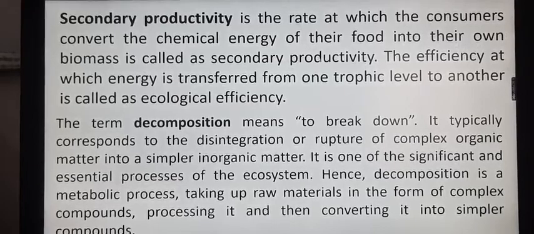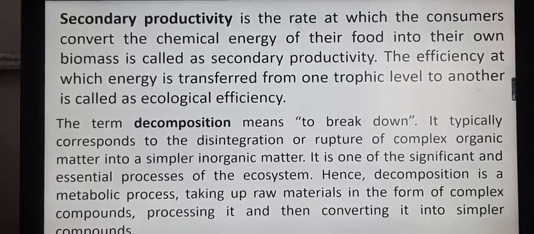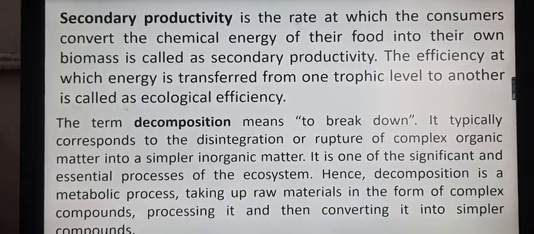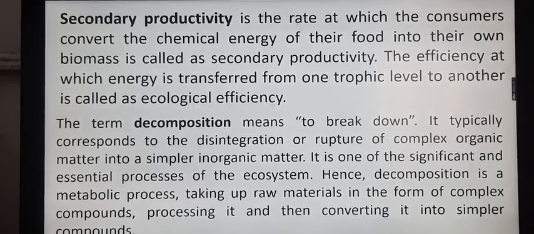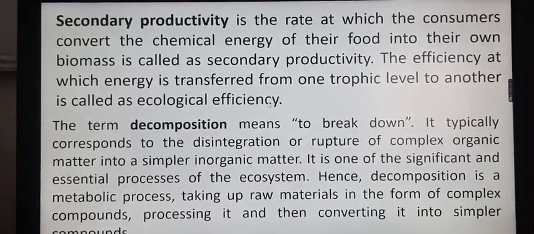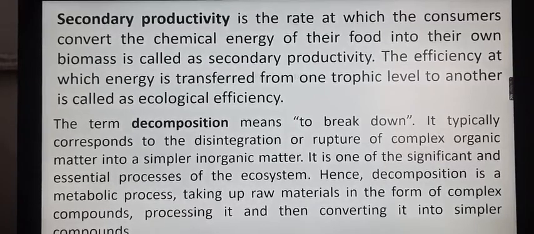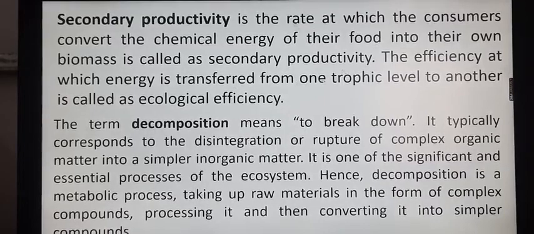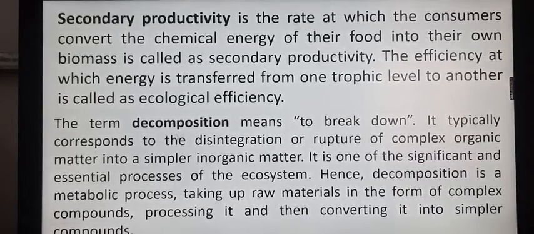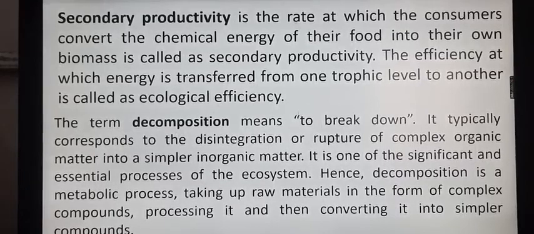That is called secondary productivity. The efficiency at which energy is transferred from one trophic level to another is called ecological efficiency. It means how effectively the energy present at one level is transferred to the next trophic level.